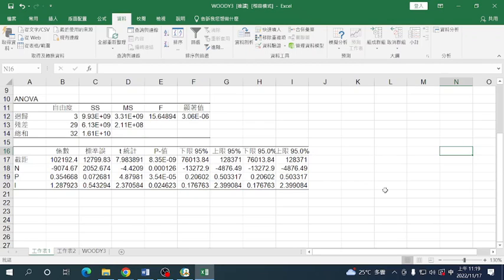Okay? In that case, does 0 belong to this interval? Because we're checking with the 0, right? Because our null hypothesis is beta 3 is equal to 0.